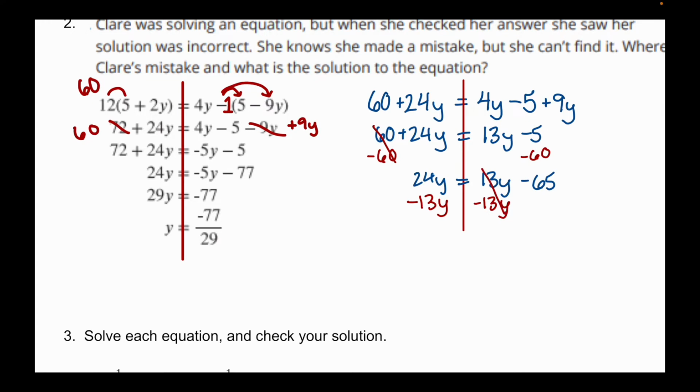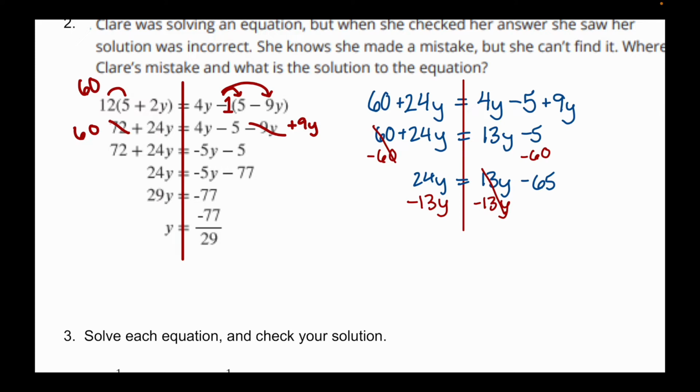And on the right-hand side, it's going to go away. On the left-hand side, 24 minus 13, I believe, is either 11 or 9, and sometimes my brain doesn't know which direction to go with it. So 24 minus 13, it is 11, so I was right the first time.